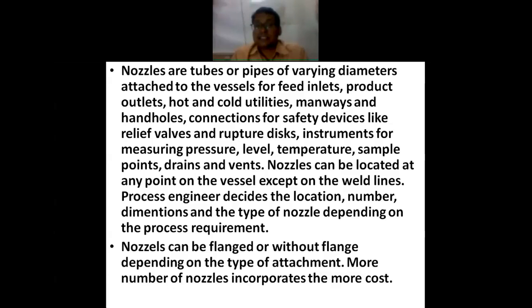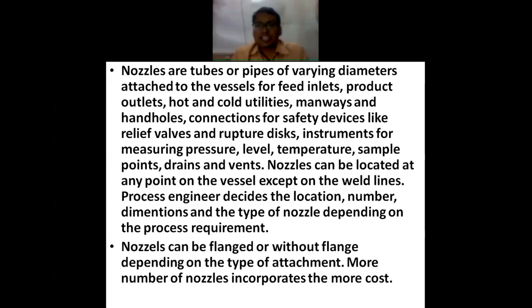The process decides where the location of a nozzle should be, how many nozzles are required, what their dimensions must be, what their diameter is, and which type of nozzle I have to use. So all that will depend on the process requirement.